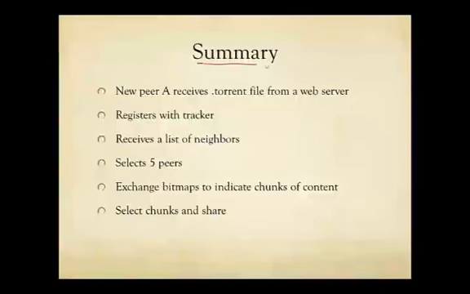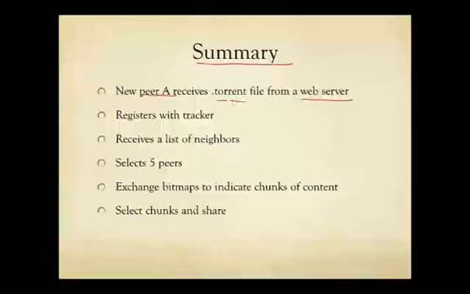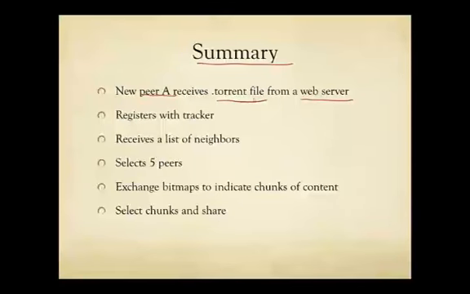Now, we can summarize the essential steps in a BitTorrent operation. Let's say a new peer A arrives, and then it will contact the web server and receive a .torrent file, which contains the IP address and the port number of another server, the tracker. So it registers with the tracker to make sure that the tracker knows its existence, updating this database saying that, hey, peer number A is here, alive.